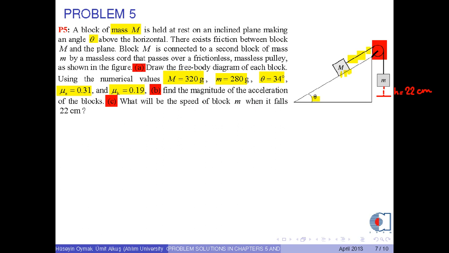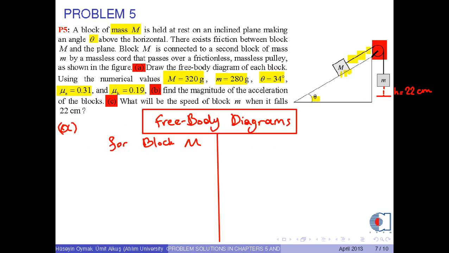In part A, we draw free body diagrams. For mass capital M, we represent it by a point. Then the inclined plane and inclination angle theta are drawn. The gravitational force is a downward force and its magnitude is capital M times acceleration vector g.